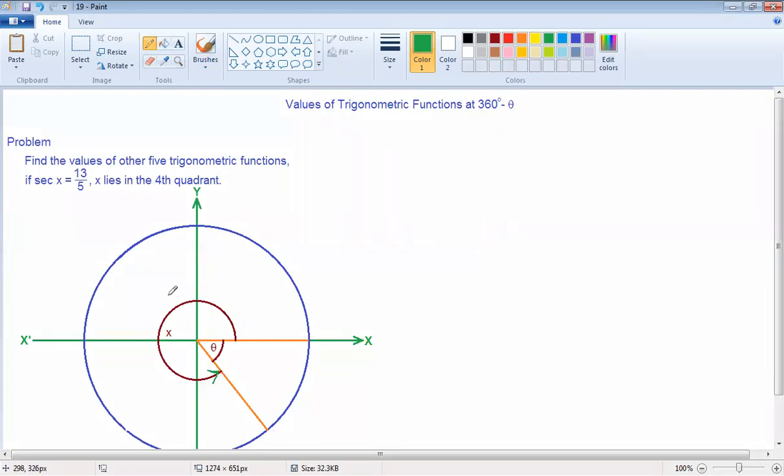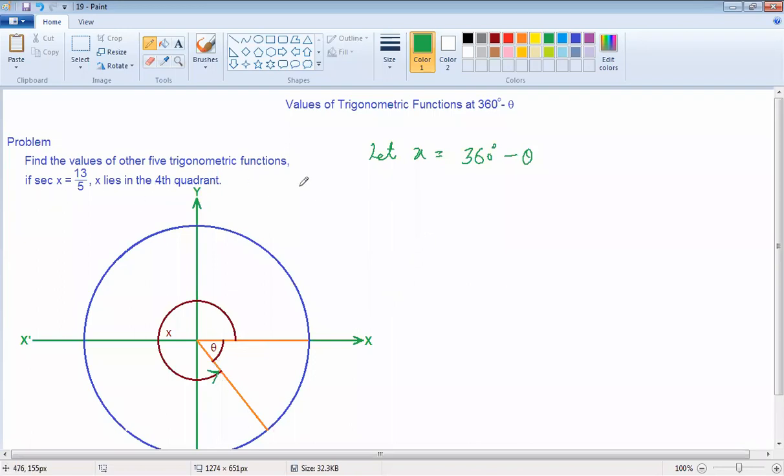Again, if the complete angle we take, that is 360 degree, other than the angle x, the remaining part in the complete angle, if we let it equal to theta, we can say that x is equal to 360 degree minus theta, as is clear from the diagram also.